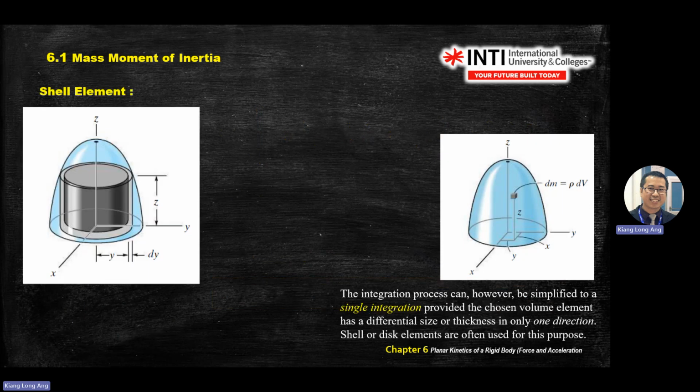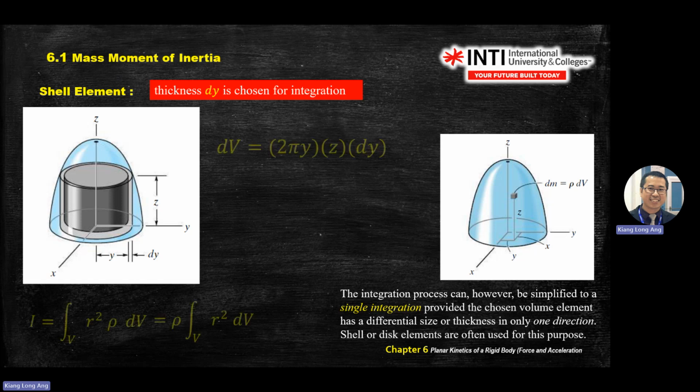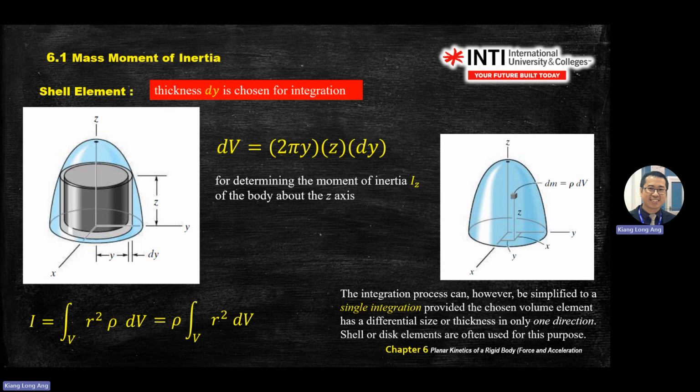Okay, so first we look at the shell element. There are two methods that you can use to calculate volume. We introduce you to the first method, which is called shell element. It means we will use this shell to define the volume by the changes of the dy parameter. Okay. So we choose thickness as dr. So to find volume of this one, if you use a shell, it is like a drum shape. All right.